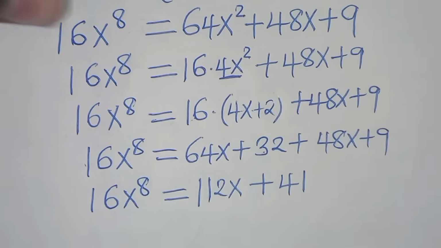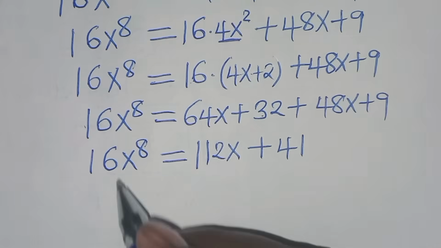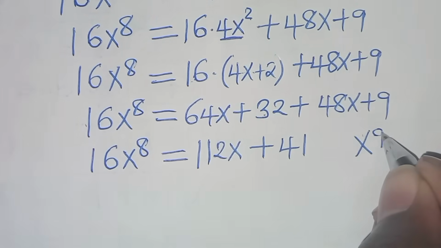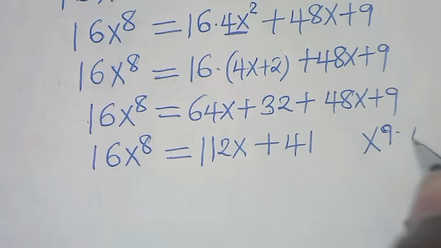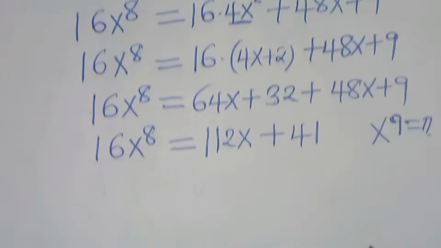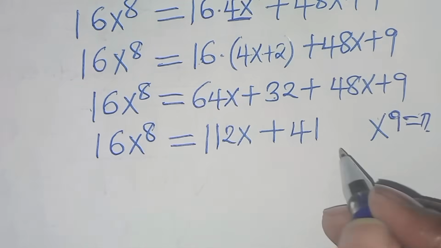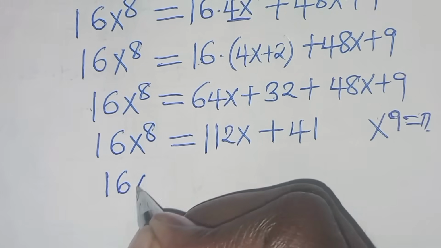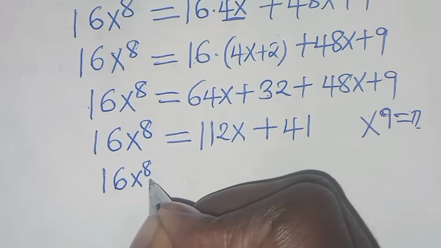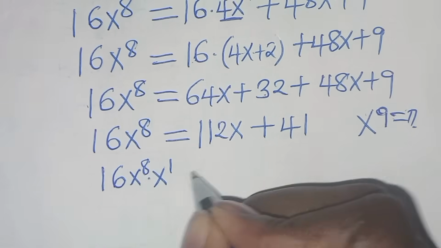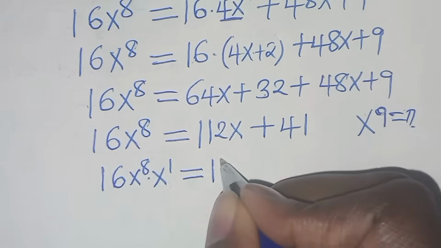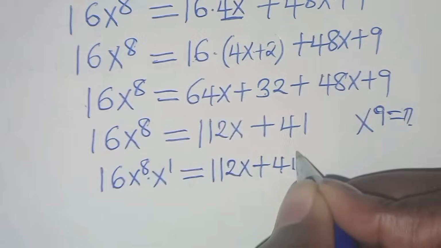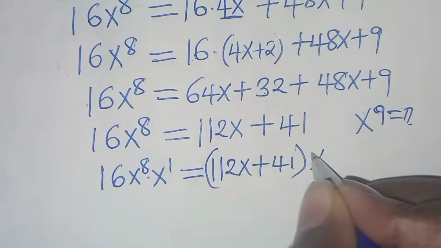Now, the next step from here, remember, we need to get the value of x to the power of 9. So let's multiply both sides by x. So we have 16x to the power of 8 times x to the power of 1. This is equal to 112x plus 41, multiplying both sides by x.